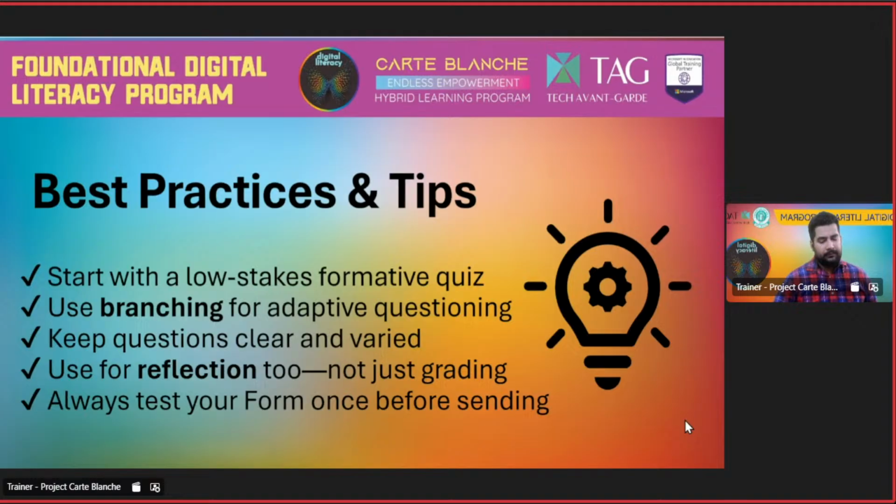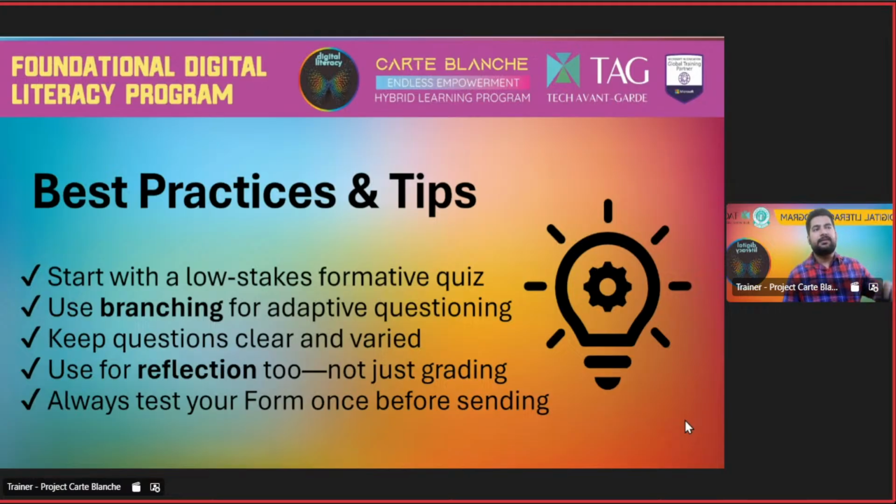Use branching for adaptive questioning. For example, you want the students to learn from the questions in a practice mode. If I am given the question, what is the capital of Jharkhand? Right. Say I give the answer as Bengaluru. At that time the next question will come, what is the capital of Karnataka?